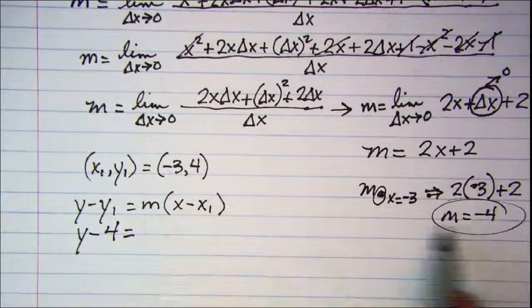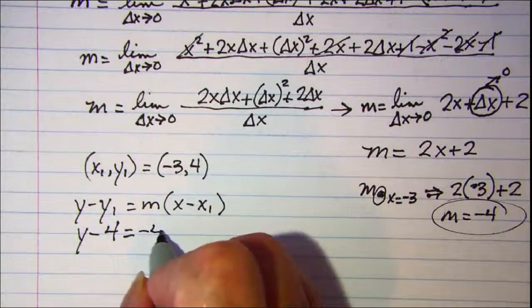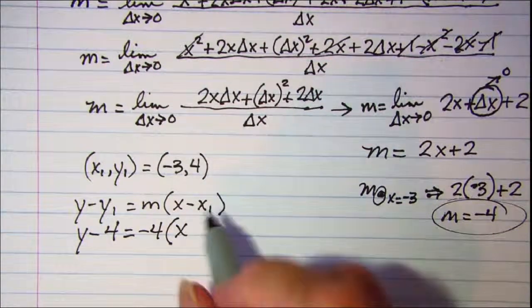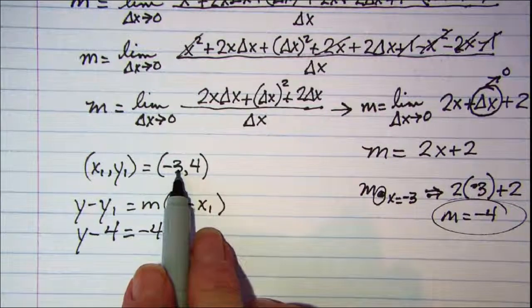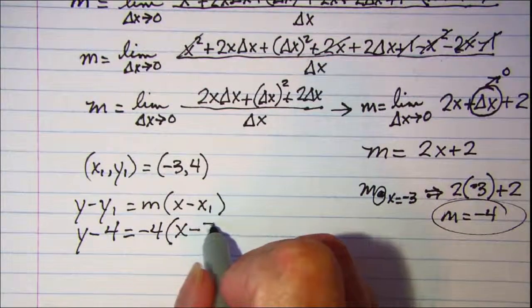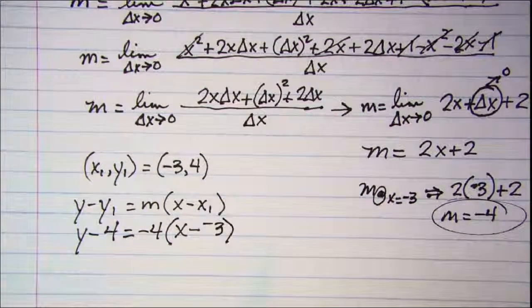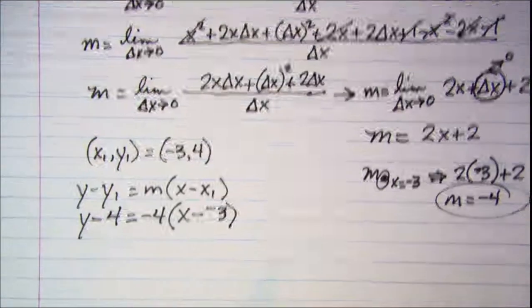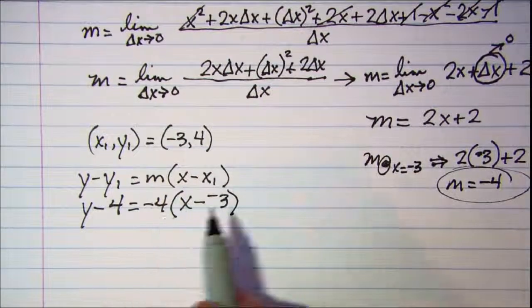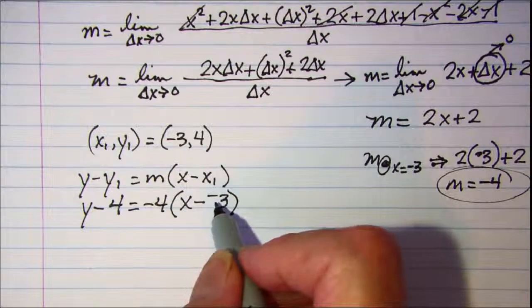My m is negative 4. And my x1 is negative 3. So subtract a negative 3. Now I just need to simplify this equation. These two minuses I can make a plus.